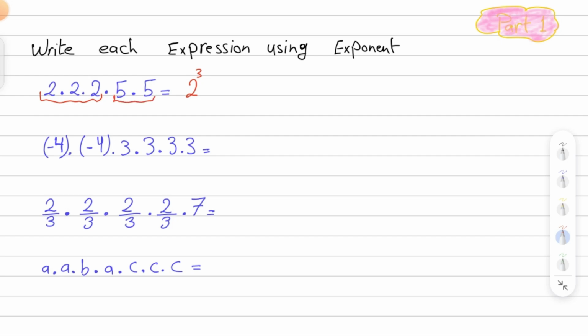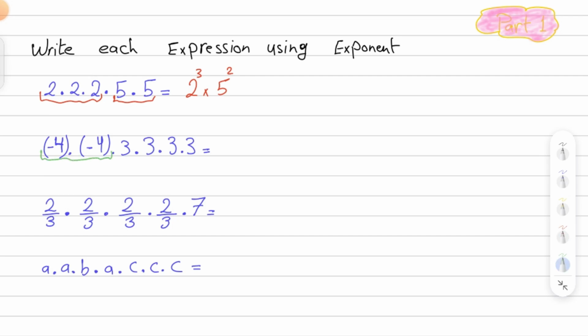And here the 5 was multiplied by itself twice. So we can write it as 5 raised to the 2nd power, or we can say 5 squared. That's it. The question asks us to write using exponents, not to evaluate. So let's try another example.